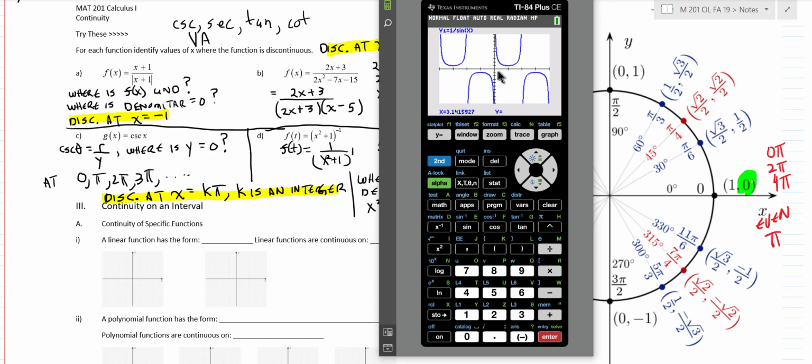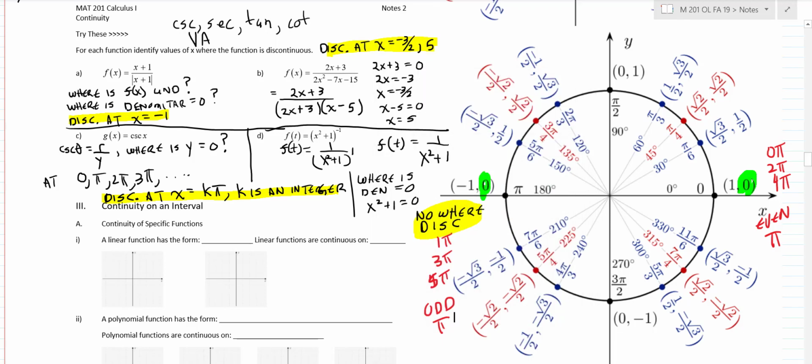So I've got the graph going pi over 2, pi, 3 pi over 2, 2 pi. So all of the integer pi's is where you have an asymptote. So that all comes from the unit circle. You get higher in calc, you go to calc 2, and you got to figure out asymptotes in your head on these trig functions real fast. Okay, and you just need to know the unit circle and know the definitions.